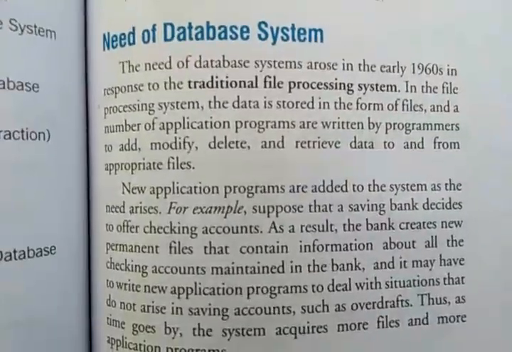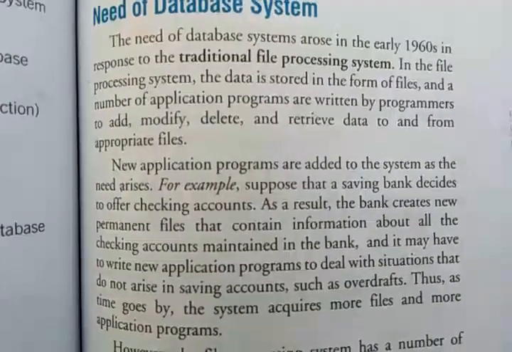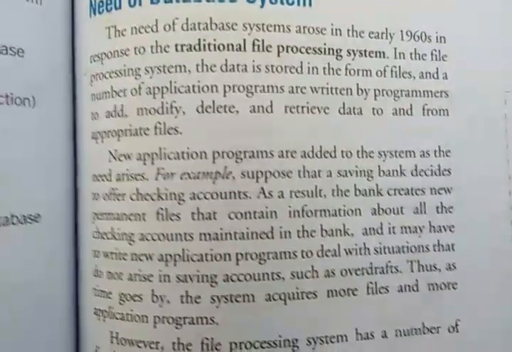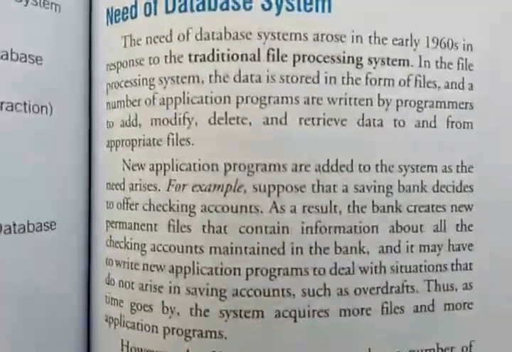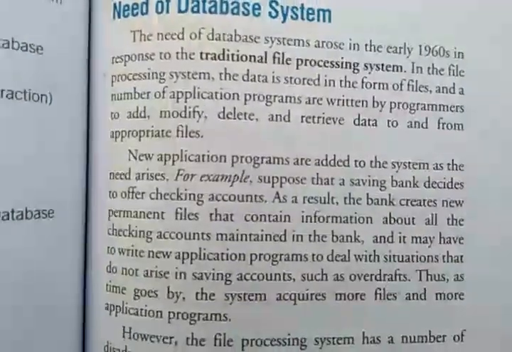So database is today's technology for storing our data in a computer, and before this the file system was used in computer. So what is the main difference between a file system and a DBMS?